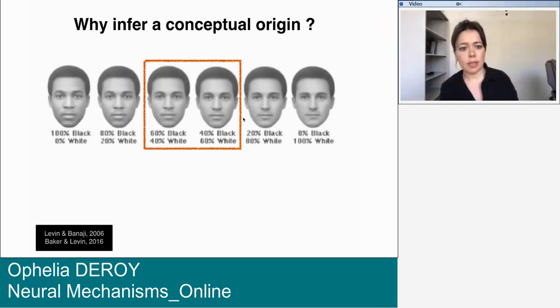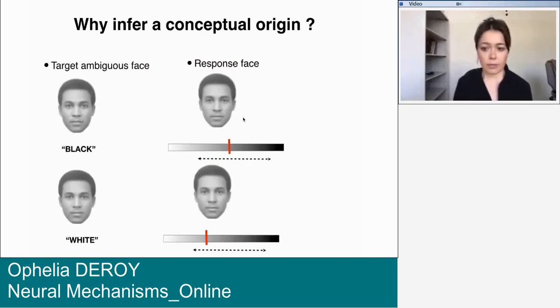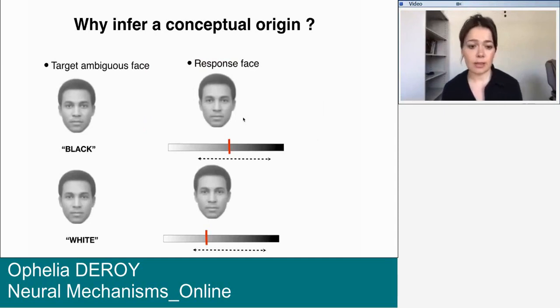And they presented the same face with the same luminance, accompanied either by the label black or the label white. And this time again, they observed the tendency to match the face labeled as black as being darker than the same ambivalent face labeled as white. So here they really introduced the linguistic terms to show that the influence is similar, and from there they conclude that the previous experimental results must have been driven by a similar cognitive influence.